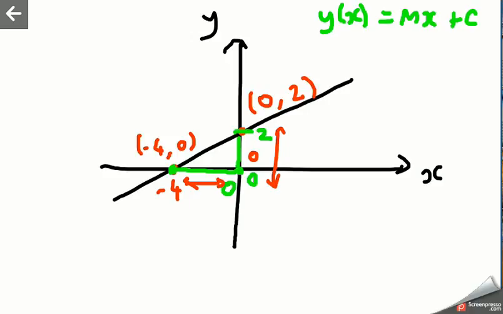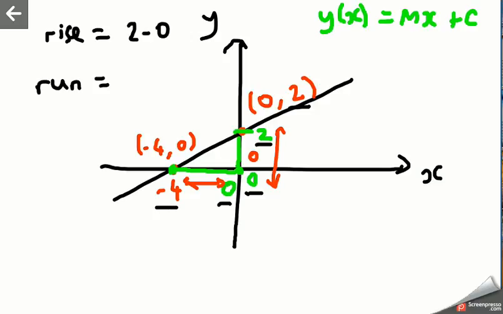Well, we calculate it as follows. Rise equals 2 minus 0, the first y coordinate minus the second y coordinate, and run is equal to 0 minus -4, the first x coordinate minus the second x coordinate.